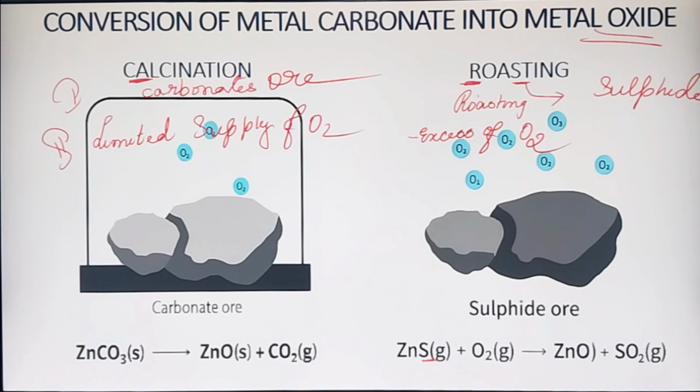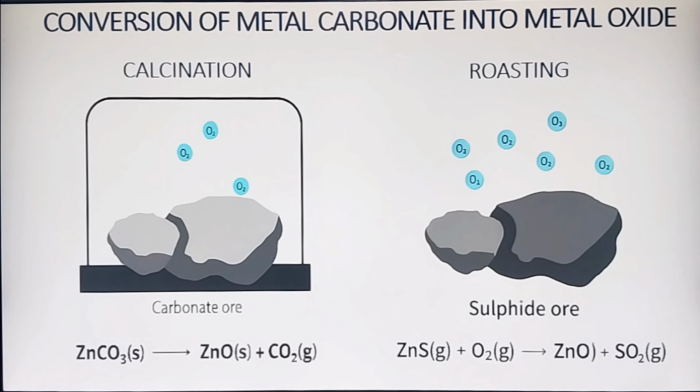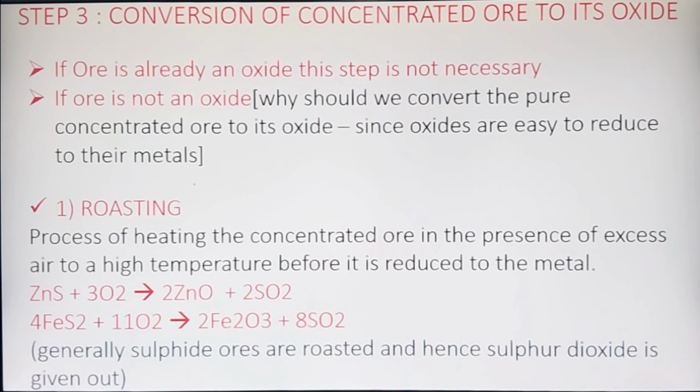Okay, whereas calcination, Ka. Okay, so remember the short form as Ka. What is calcination? Calcination always happens with carbonate ores. Now what is calcination? Whenever the ore is heated in a limited supply of air, we call it calcination. Okay, so these are the two points of difference between roasting and calcination.